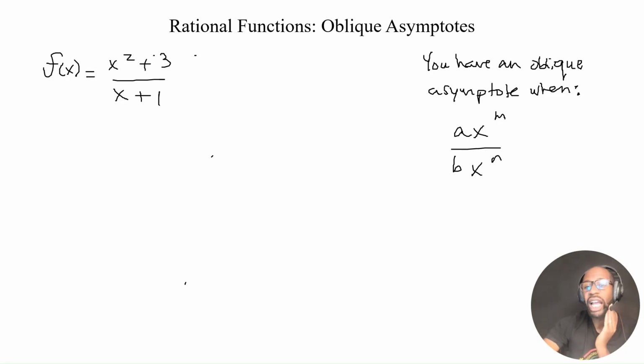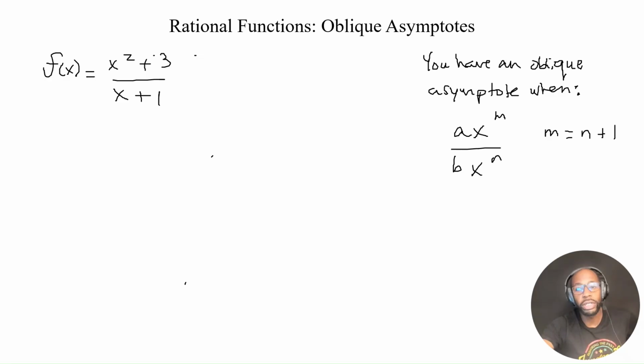You know you have an oblique asymptote if, given a rational function, a x to the m represents the highest degree term of the numerator, b x to the n represents the highest degree term of the denominator, and m is equal to n plus 1.